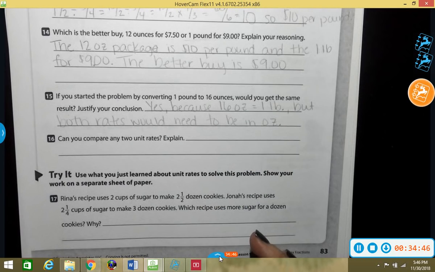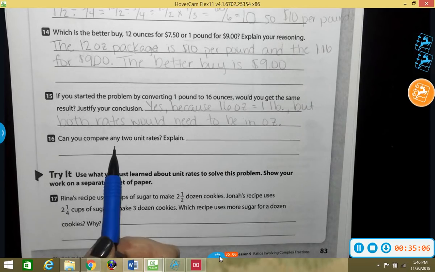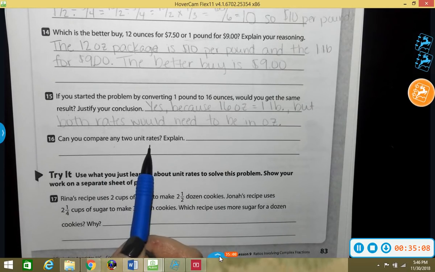So a main thing here is going to be making sure that the units are the same, so you've got to have pounds and ounces. They've got to be the same, so either both pounds or both ounces. Or if you're dealing with minutes and hours, they either both have to be minutes or they both have to be hours. You have to make sure that you change them. So can you compare any two unit rates?